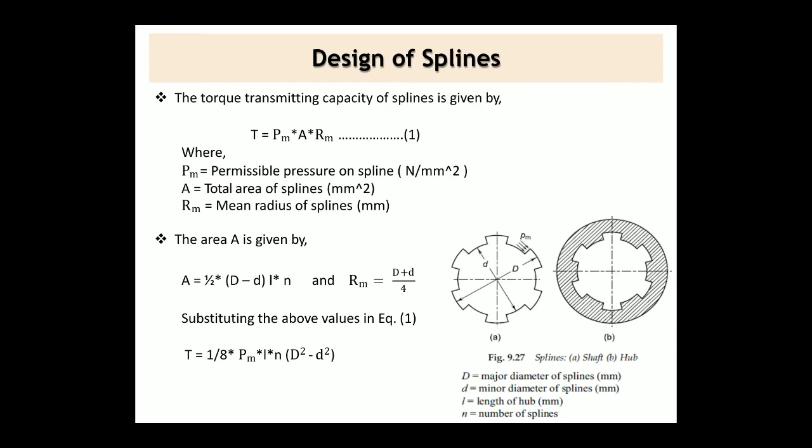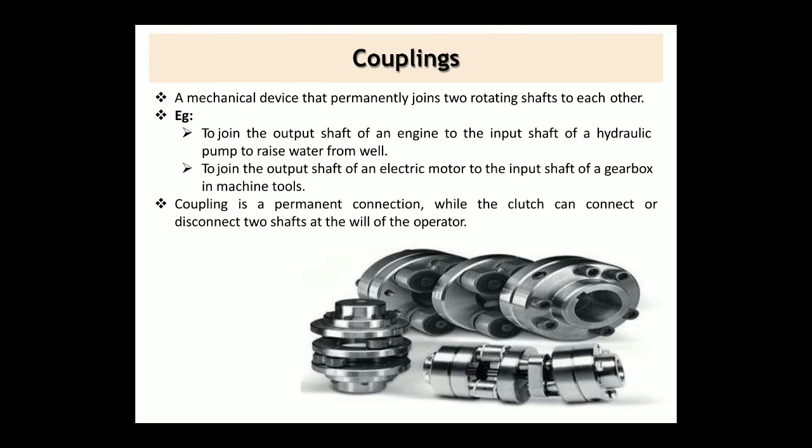So we have covered the keys, types of keys and the design procedure of these types of keys. Moving ahead to our next topic, that is couplings. Basically, a coupling is a mechanical device that permanently joins two rotating shafts to each other.